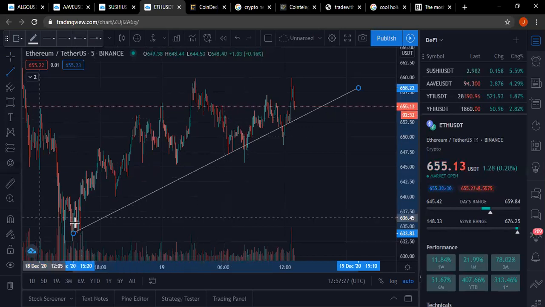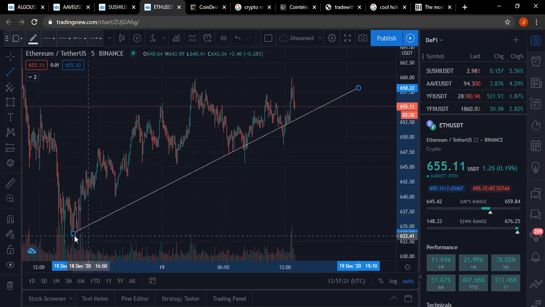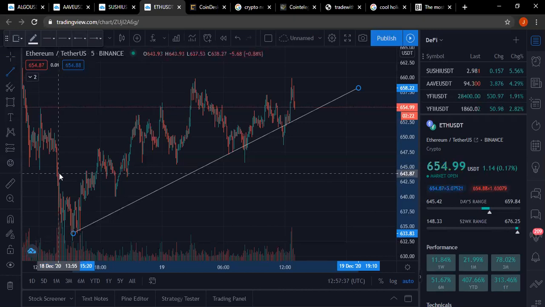Then for an uptrend, it gives you higher highs, so you draw from down to top. For this channel, we can also use this one as a second one.